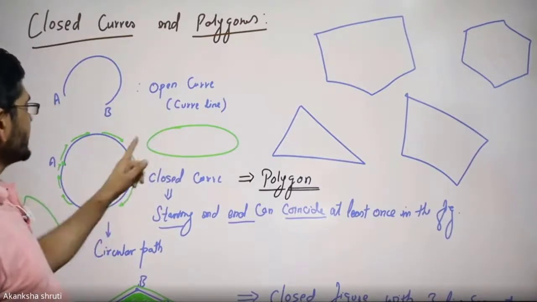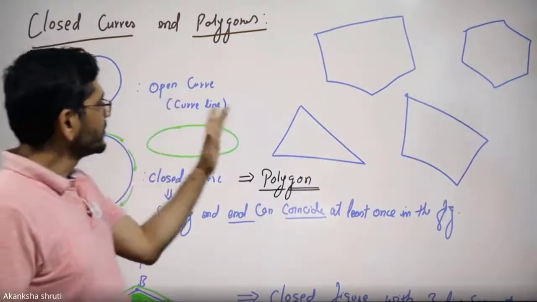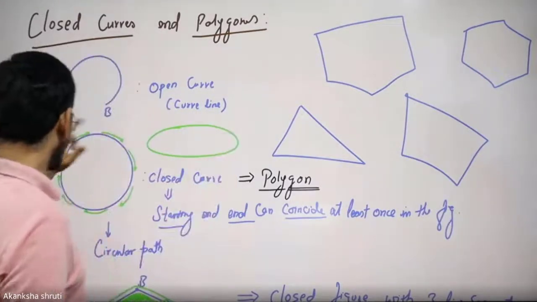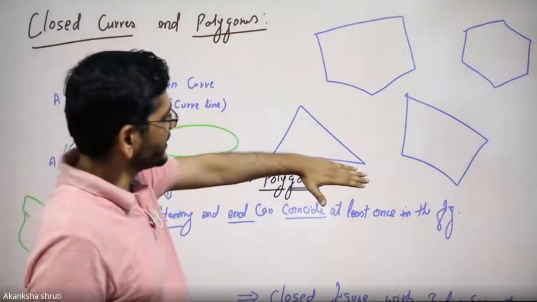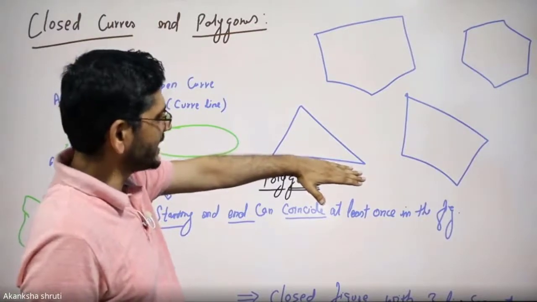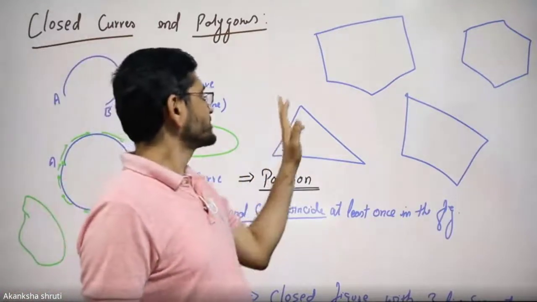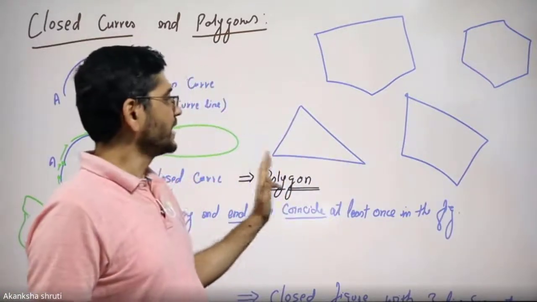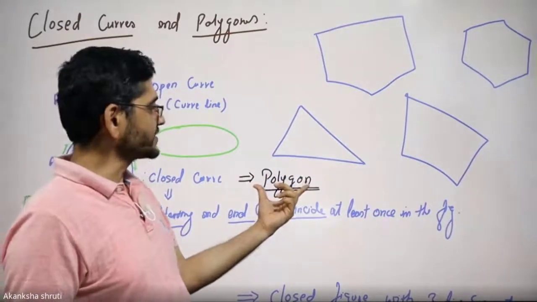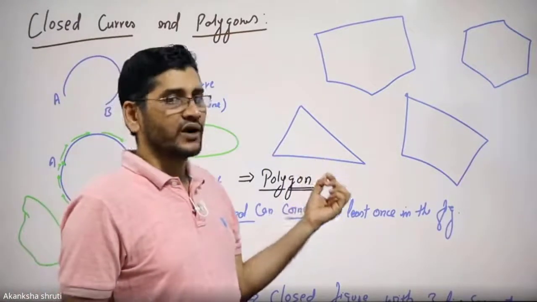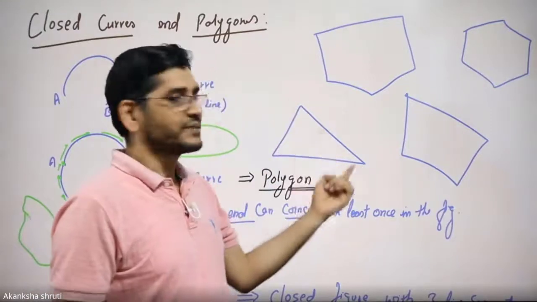Students, if this side or this curve is not just a curve, rather if it is part of a line segment or part of a line, or if these sides or this boundary are line segments, then it is called a polygon. Polygons are nothing but closed curves having sides, bounded by some line segments.